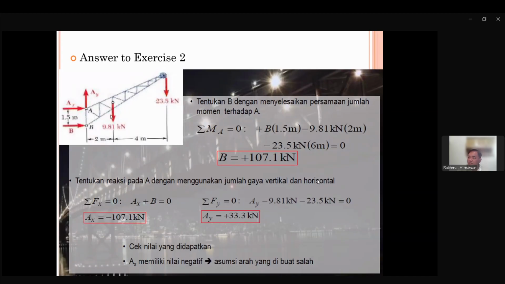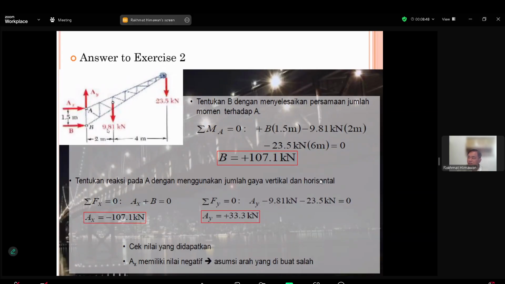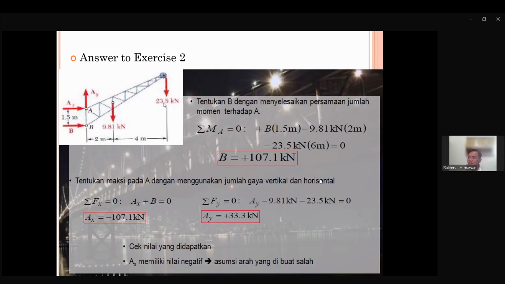But we know 9.81 kilonewton and 23.5 kilonewton. We know the distance, 2.8, and also for B we know the distance. So let's do this to find out what B is.